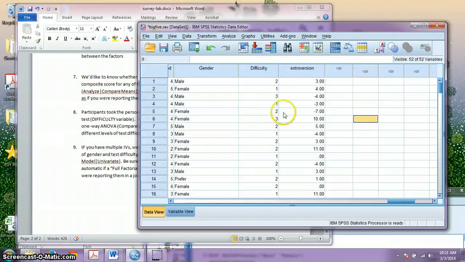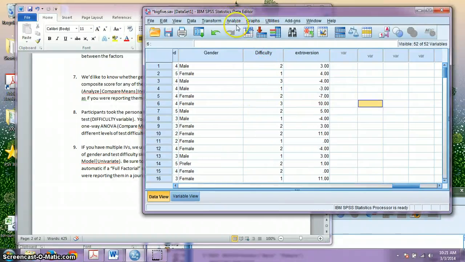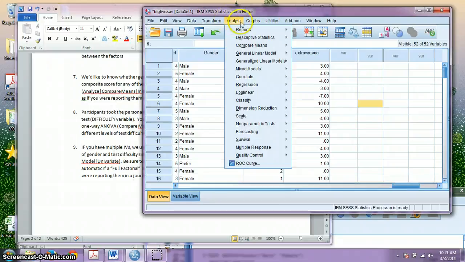Plus, you're losing some of your ability to model the whole population in one model. So we're going to use a one-way ANOVA to do this instead, for this three-level variable.